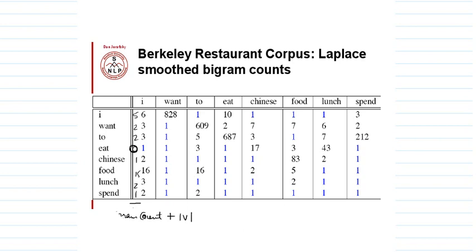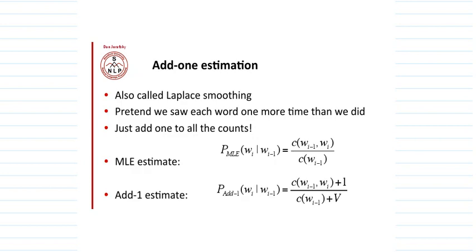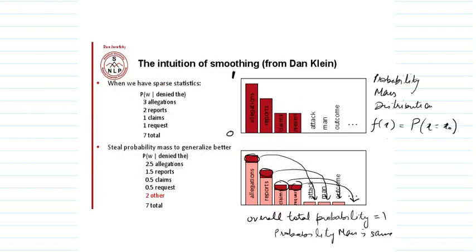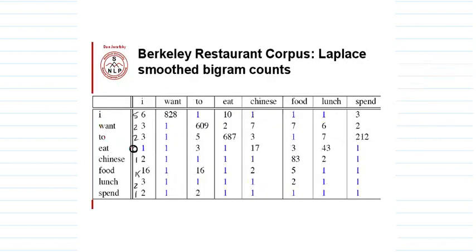So whatever is now the new word, whether it is in the training corpus or not, we just make an assumption. We can have these three words here: attack, man, and outcome.